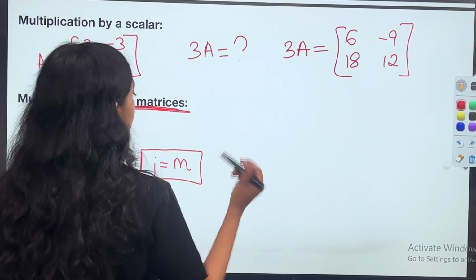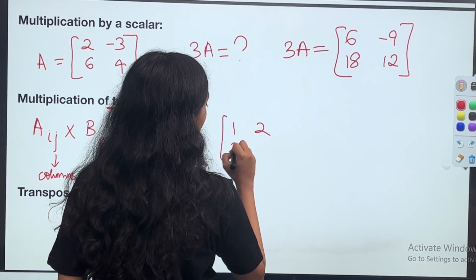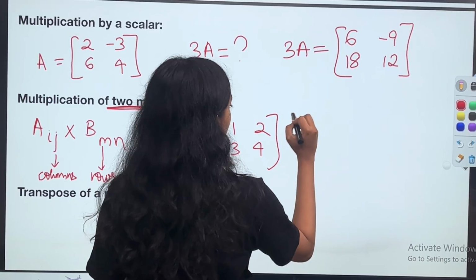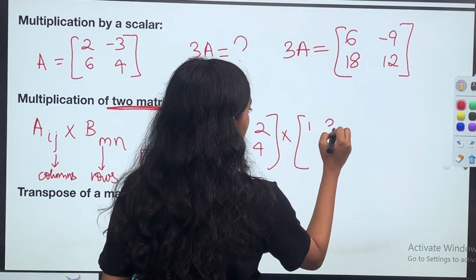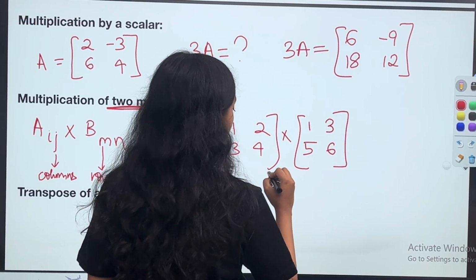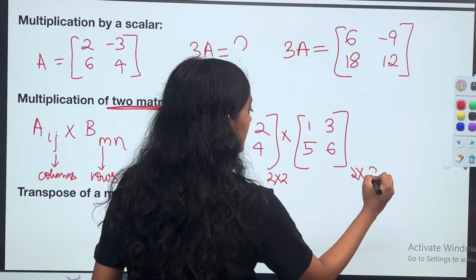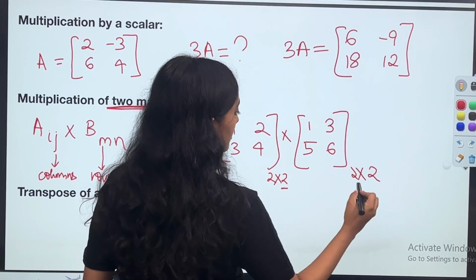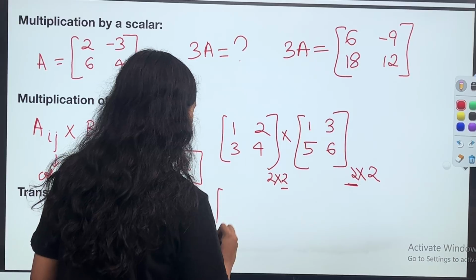Let us take a simpler example. I have two square matrices, 1, 2, 3, 4 into 1, 3, 5, 6. This is 2 into 2, and this is also 2 into 2. Here the column count is 2 and the row count is 2, so they can be multiplied. What will happen here?